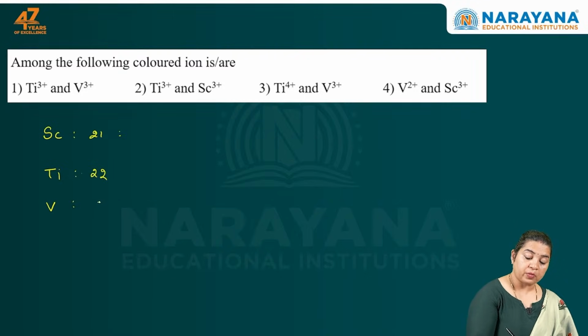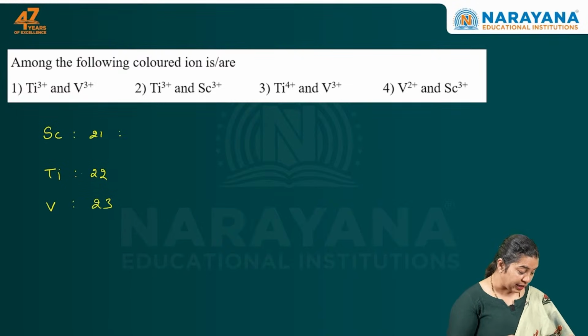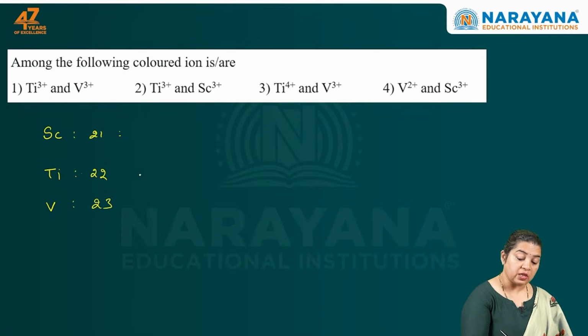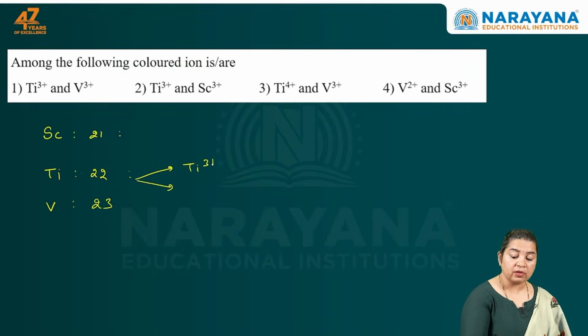Titanium, vanadium, but when it becomes scandium 2 plus or 3 plus, you have to change the configurations. So, what 2 are asked for titanium here? It seems titanium 3 plus and titanium 4 plus are in the question.